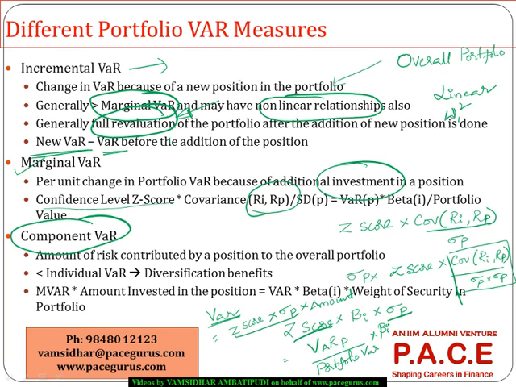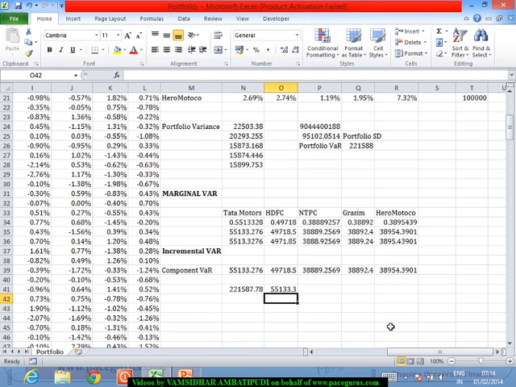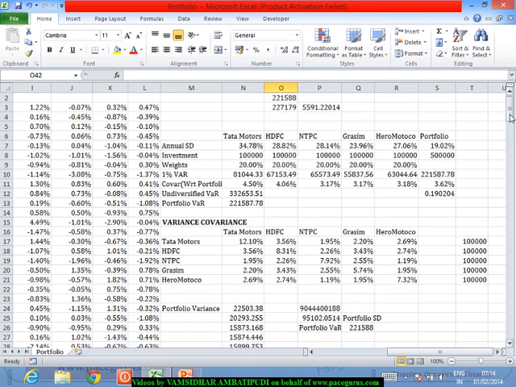So we can try finding out the beta of the security with respect to this portfolio here. The beta of the security with respect to the portfolio is nothing but the covariance with respect to the portfolio divided by the variance of the portfolio. That is what the beta is.